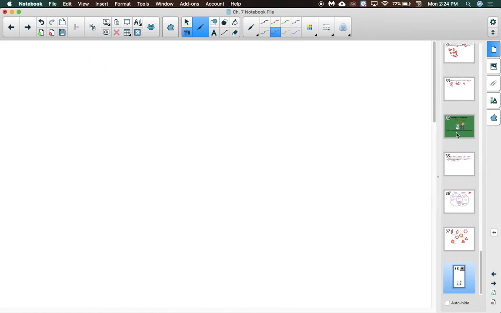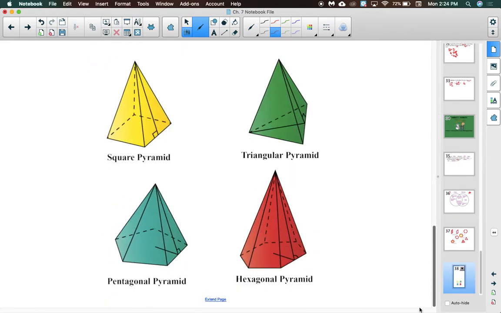Let's talk about pyramids, all the way down here at the bottom. So all these are pyramids because they are made mostly of triangles, except for the base shape. So in this case, we've got a base that is a square. Across from the square base, we have our point, and all the sides are triangles. This is called a triangular pyramid because the base is a triangle for this one.